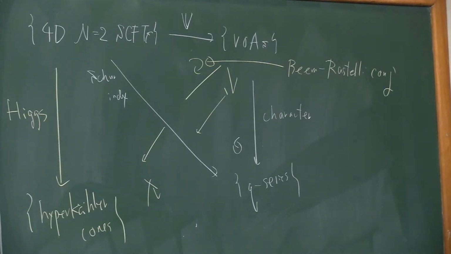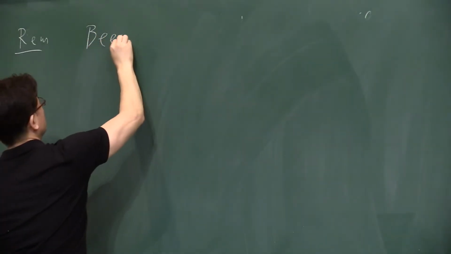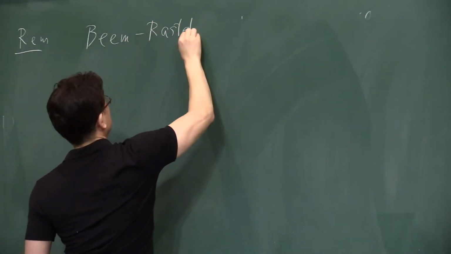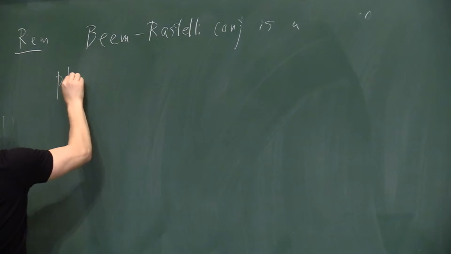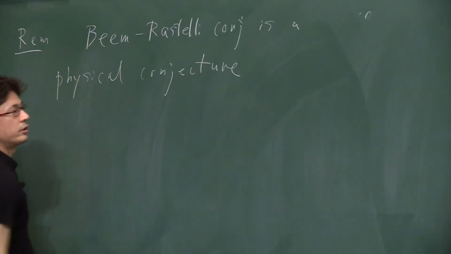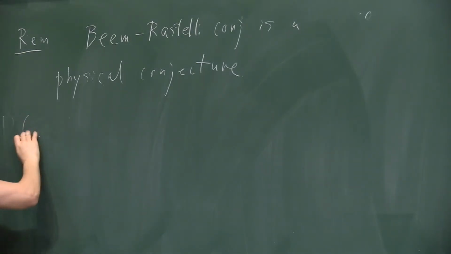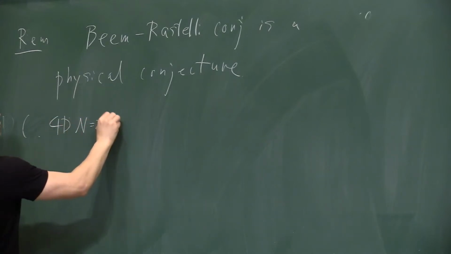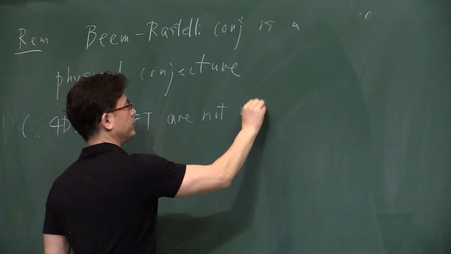But I have to say, the Beem-Rastelli conjecture is a physical conjecture, not a mathematical conjecture. So it's not a mathematical statement, because N=2 superconformal field theories are not mathematically defined.